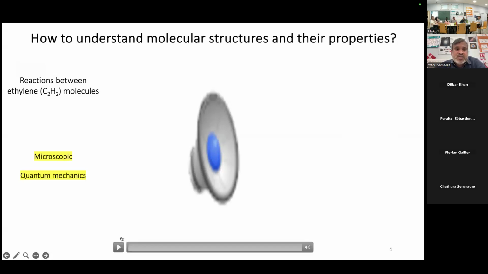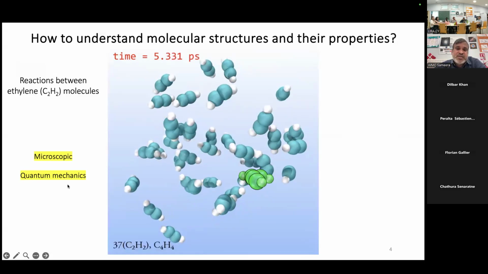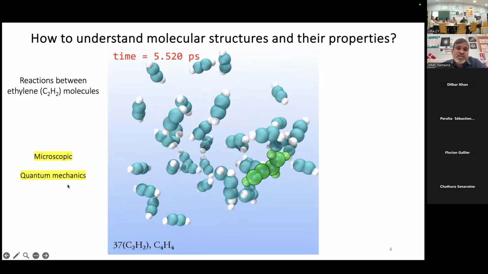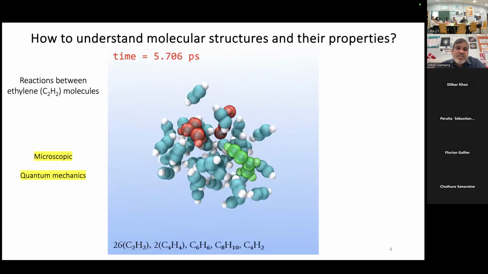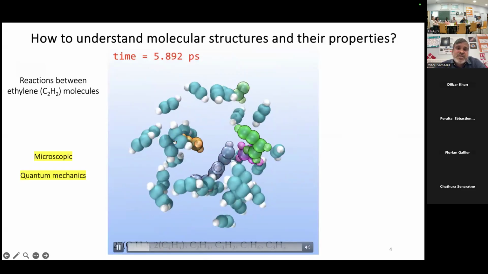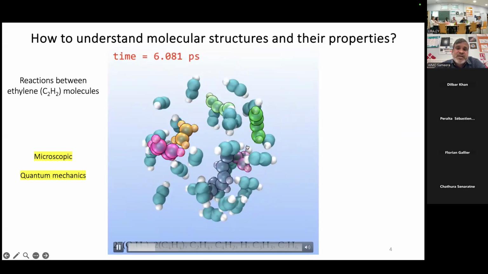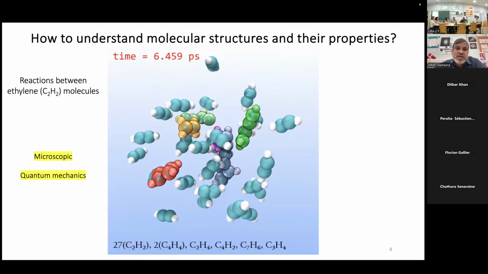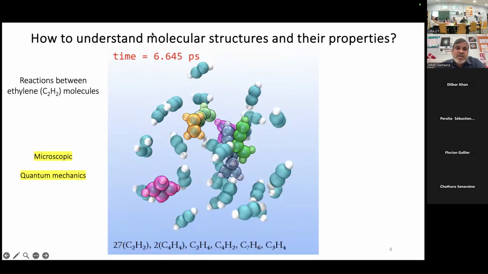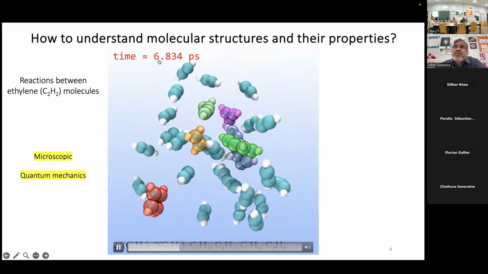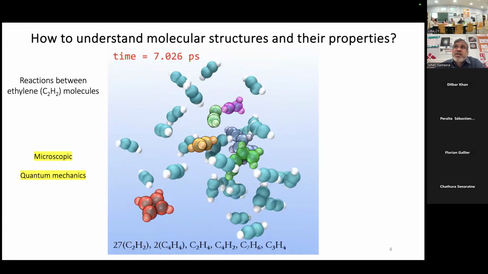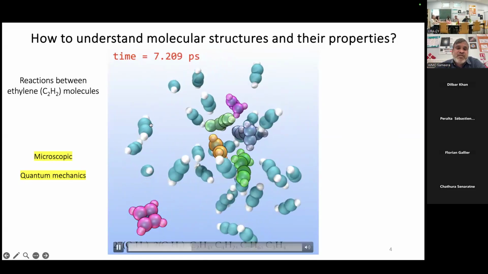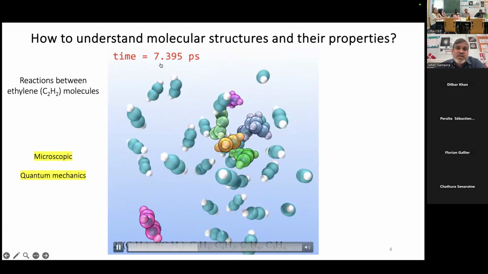We mixed and compressed them together, and then you can see new colors appearing, and it means a new species is formed. You can see the time over here, which is on the picosecond scale, and you can imagine the dynamical behavior of these molecules on the picosecond scale.